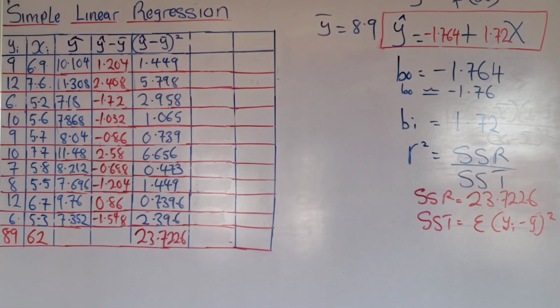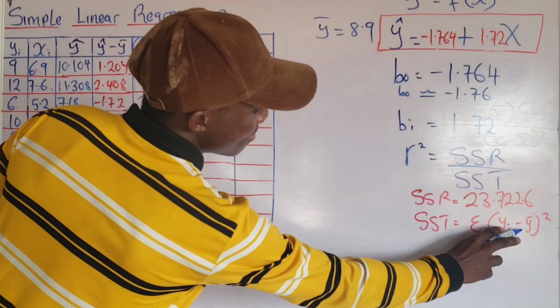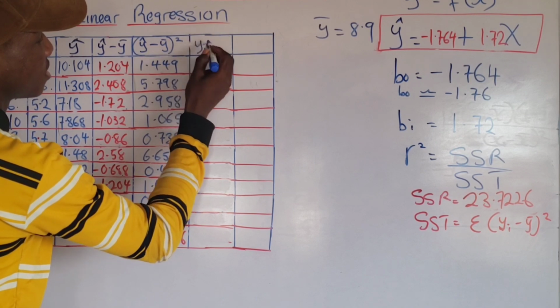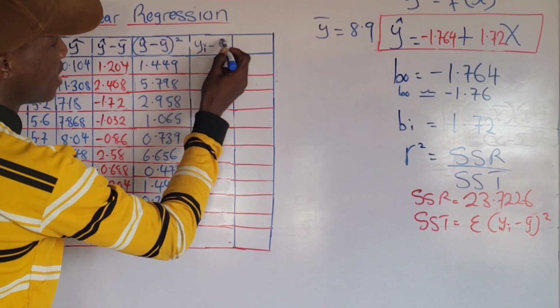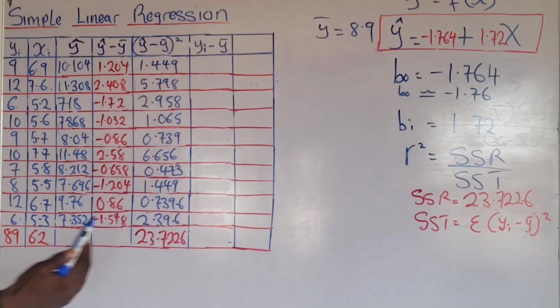So let us take it step by step. We are going to have y minus the mean value of y. Don't forget that we have already prepared this in our first table while calculating the simple linear regression equation. We have already done y minus y bar.